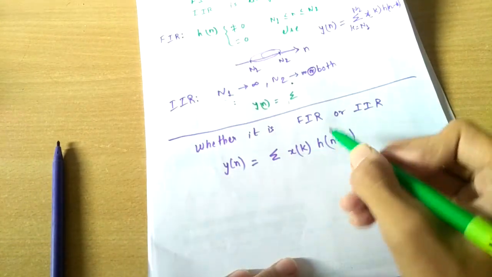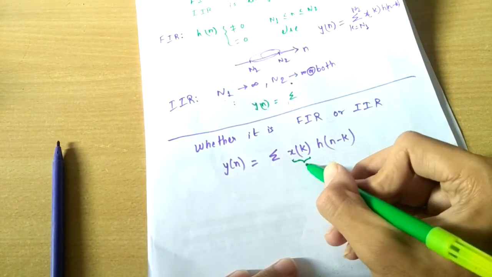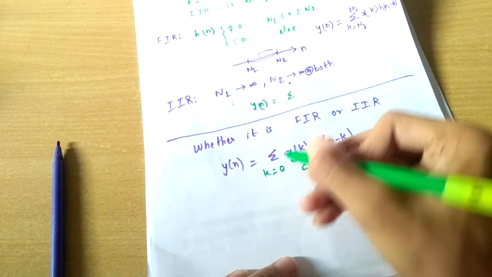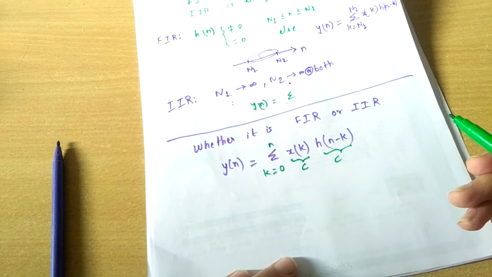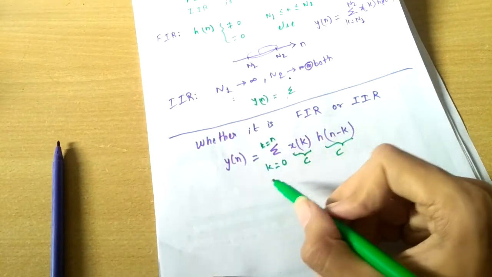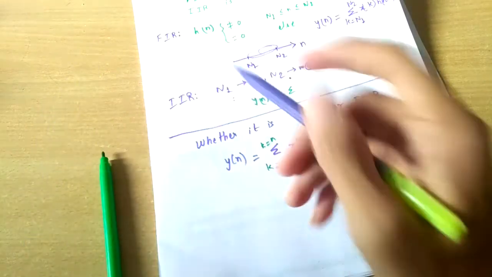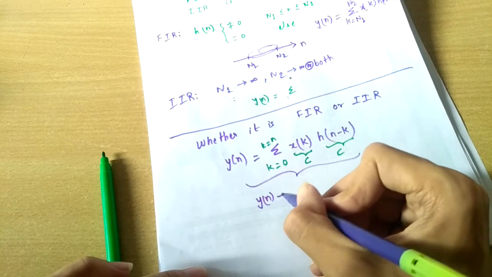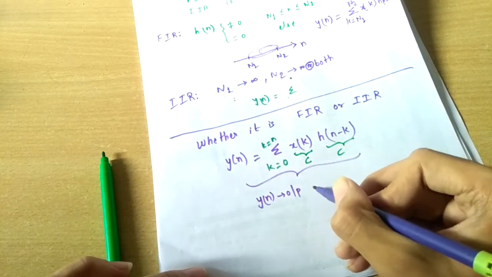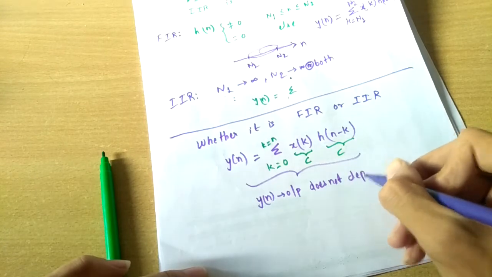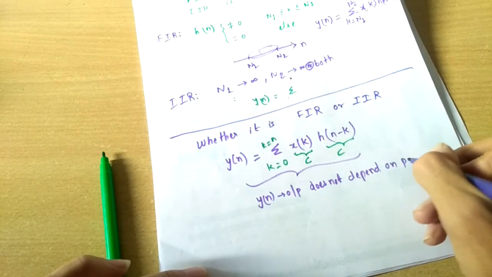It clearly means that, suppose this is causal and this is also causal. What will our limit be? The limit will be from 0 to small n, k equals small n. It simply means that our output y of n doesn't depend on past values of output.